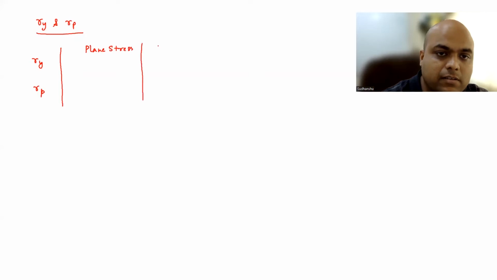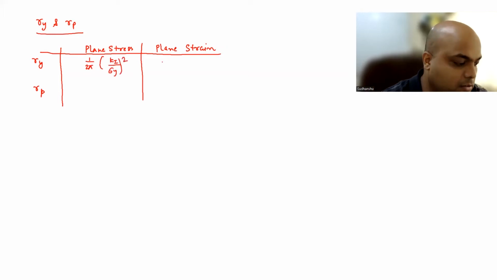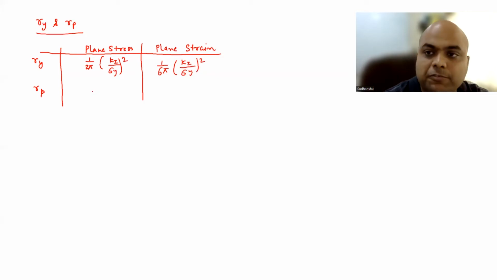Plane stress, and then we have plane strain. For plane stress, we had obtained 1 by 2 pi K1 by sigma y square. For this, it was 1 by 6 pi K1 by sigma y square. And Rp is just twice of Ry.